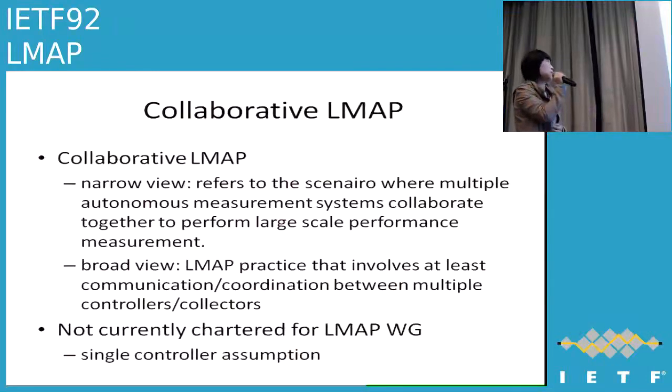Currently, this part of work is not in the current charter of Lmap, because Lmap currently assumes only one single controller. So that's the basic work I wanted to propose here. Next, please.